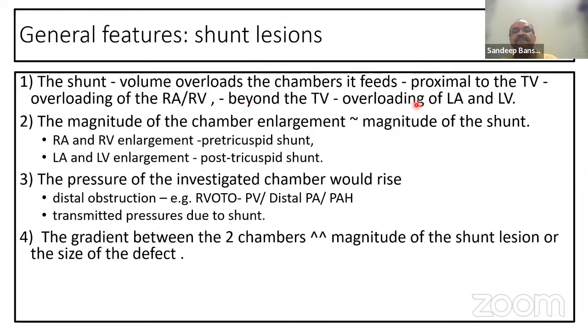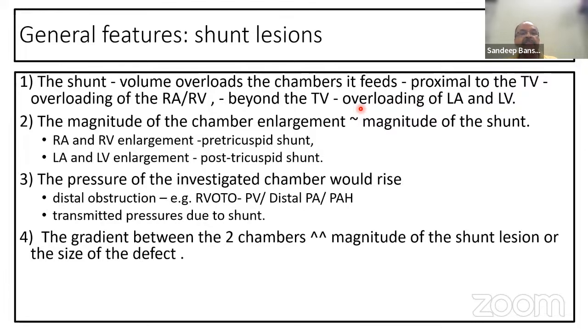And if there is overloading beyond the tricuspid valve, or as we call it, the post-tricuspid shunt, then there is overloading of the LA and the LV. The other important thing is that the magnitude of enlargement of this chamber is proportional to the magnitude of the shunt that is taking place.